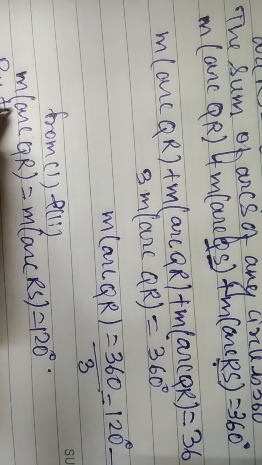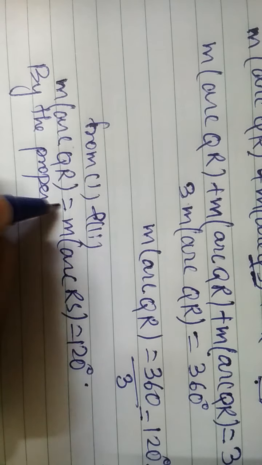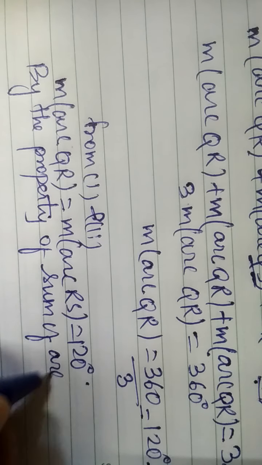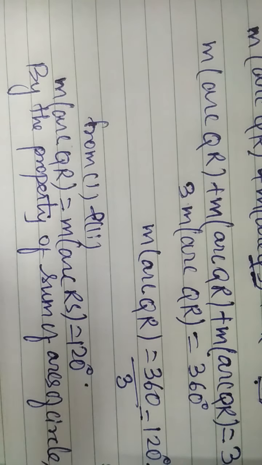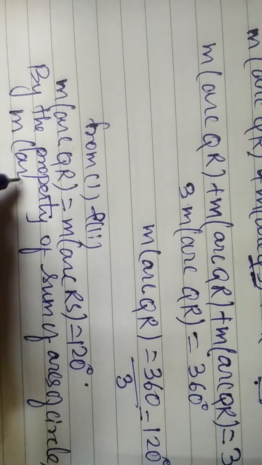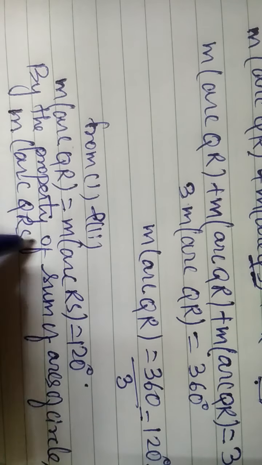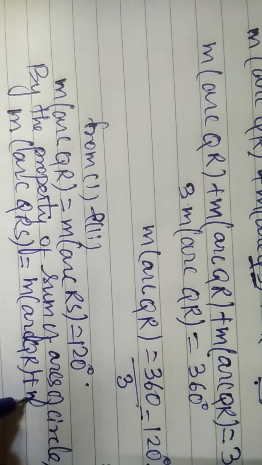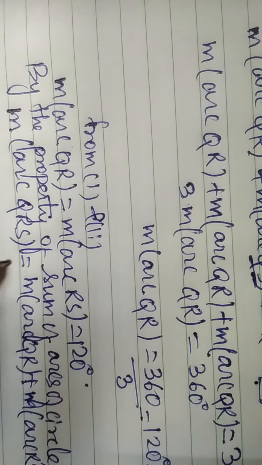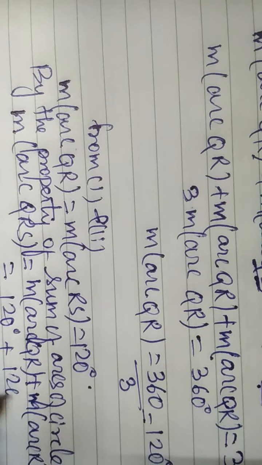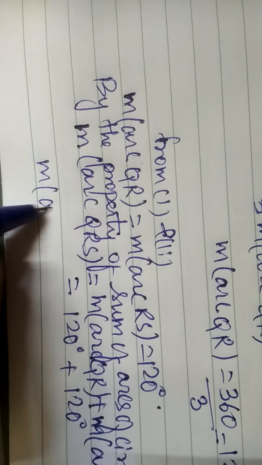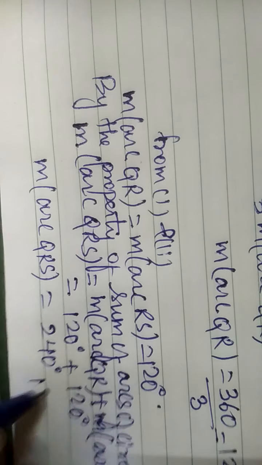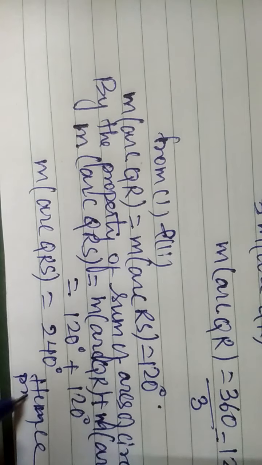By the property of sum of arcs of a circle, the measure of arc QRS equals the measure of arc QR plus the measure of arc RS, which equals 120 degrees plus 120 degrees. So the measure of arc QRS is 240 degrees. Hence proved.